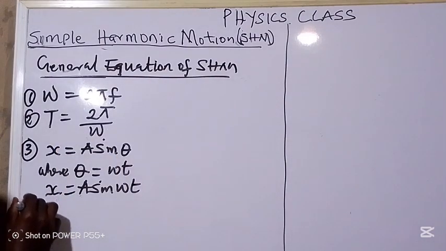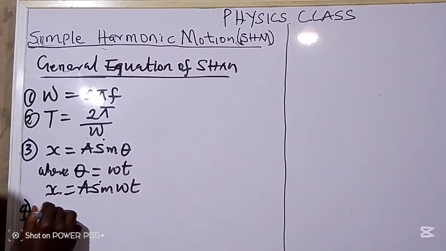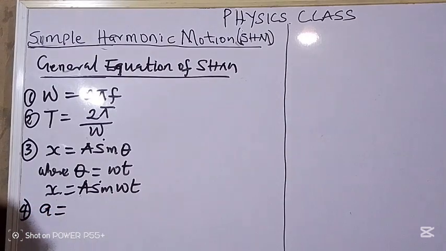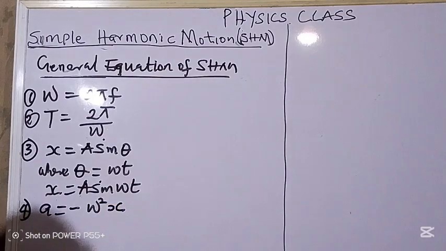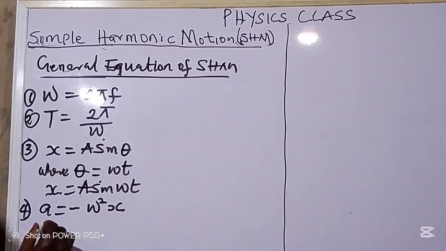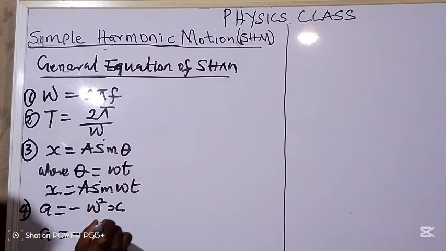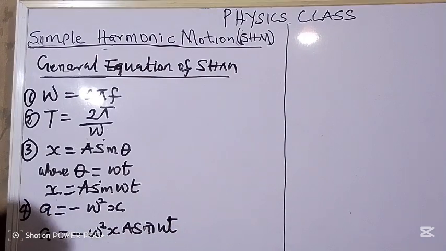Number four, we talk about acceleration of simple harmonic motion as a is equal to minus omega squared s. And since s is a sine omega t, we now have a equal to minus omega squared a sine omega t.